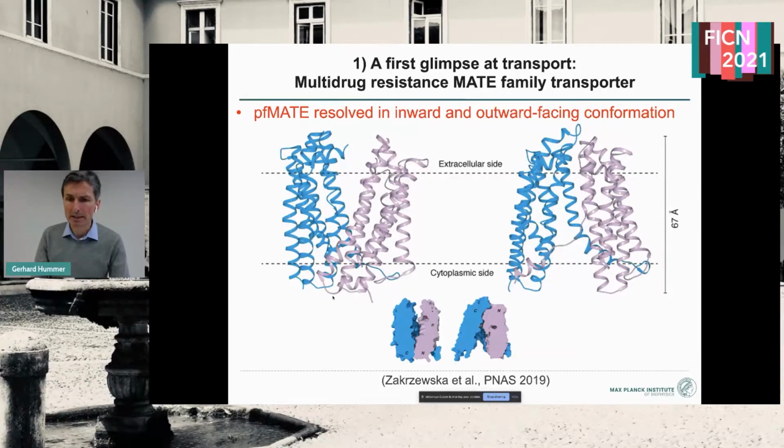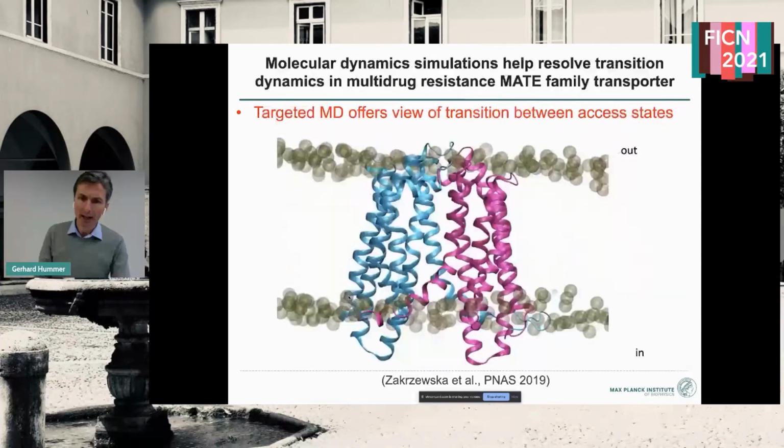And you can already see that these structures indeed have access to different sides of the membrane quite nicely visible.